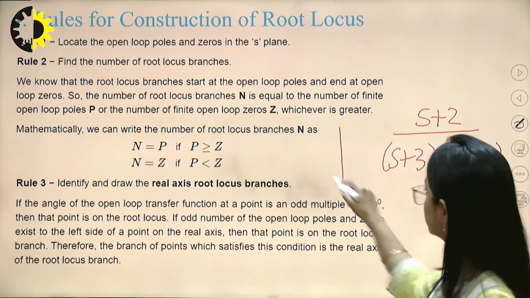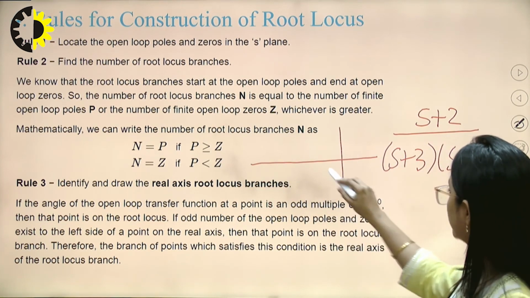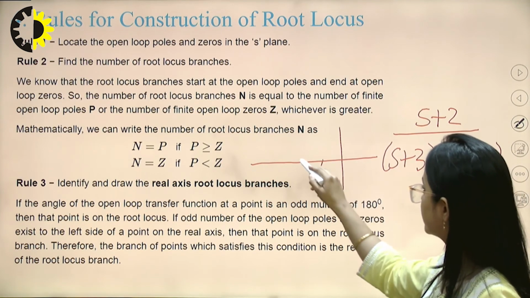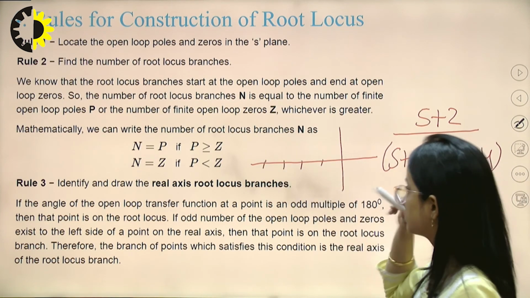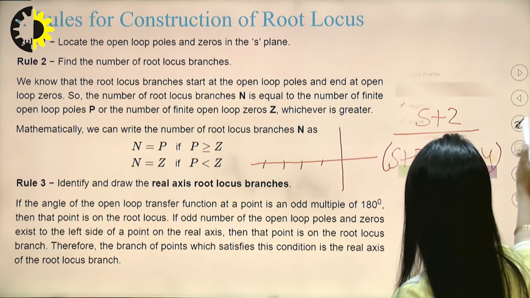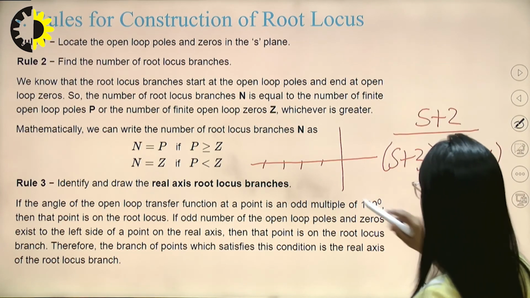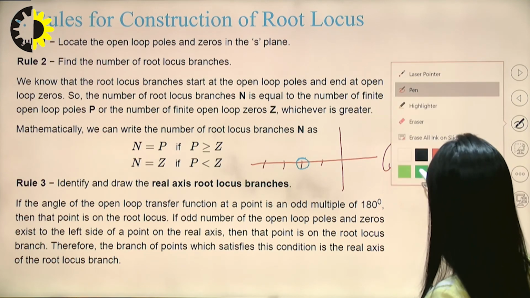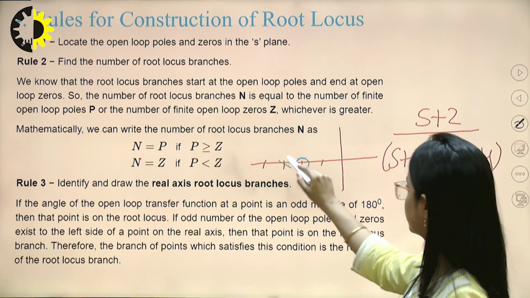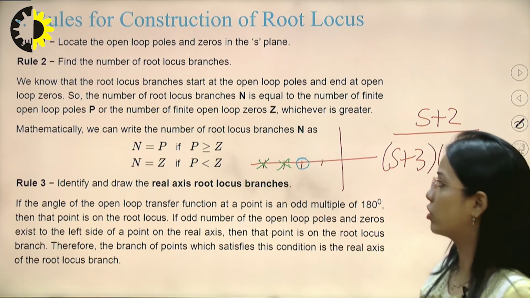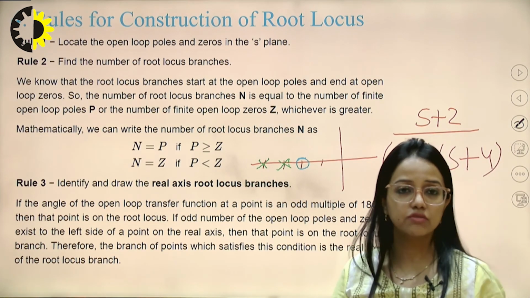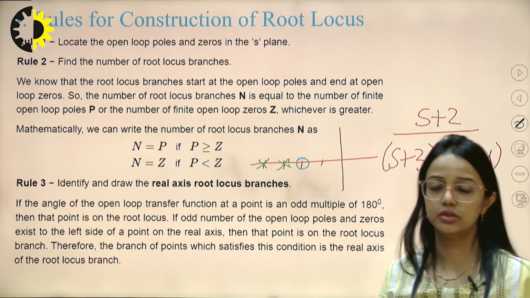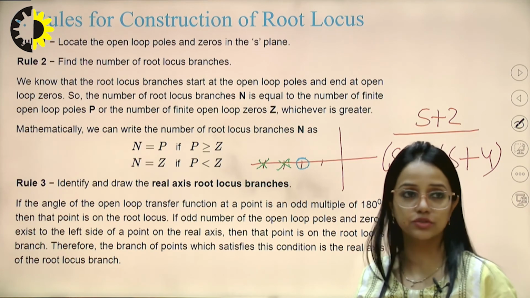So what we have to do, let's say this is -1, -2, -3, -4. First of all, we have to locate, this is a zero, then we have to locate, this is a pole. So this is what we have done. We have just located the poles and zeros. This is the first step which we do.